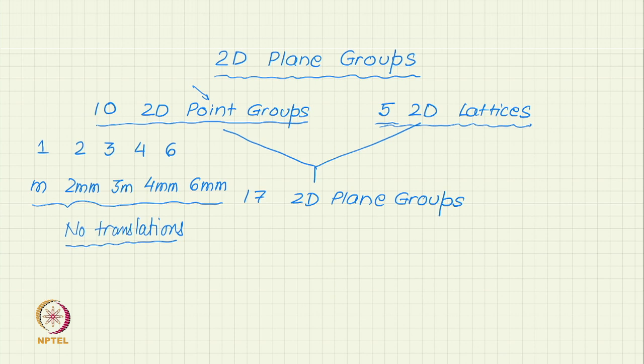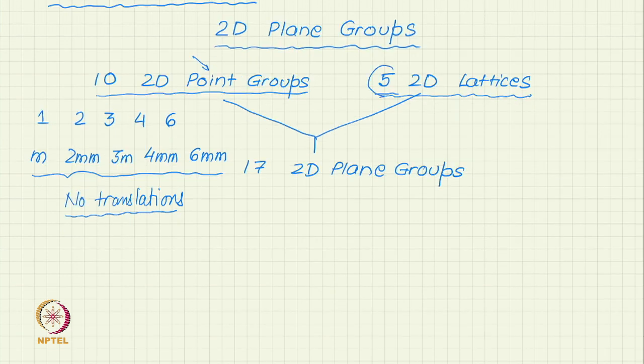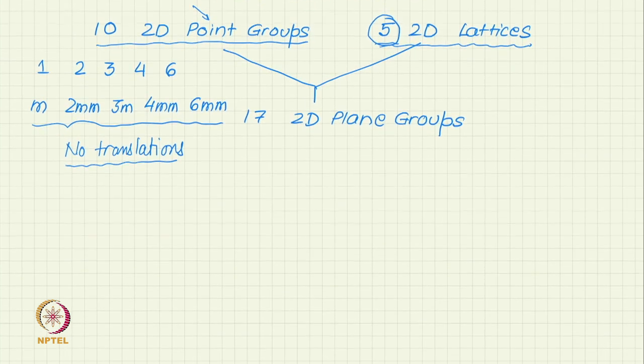So, we claimed that there are 5 types. We met 3 of them in the previous lecture. So, these 5 types are also distinguished by the symmetry which these lattices will have.